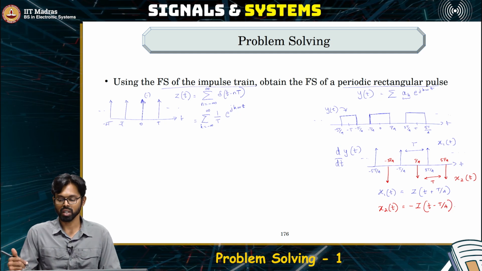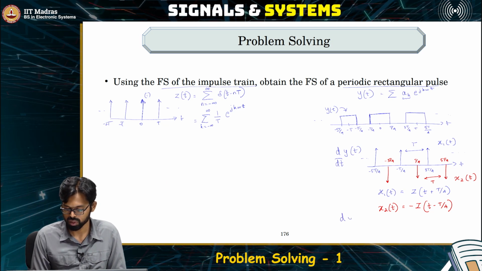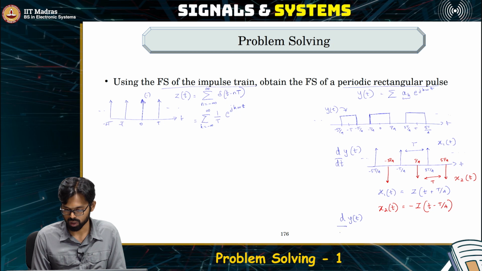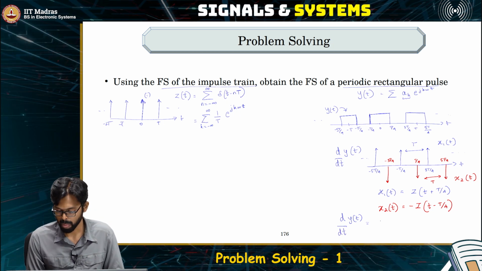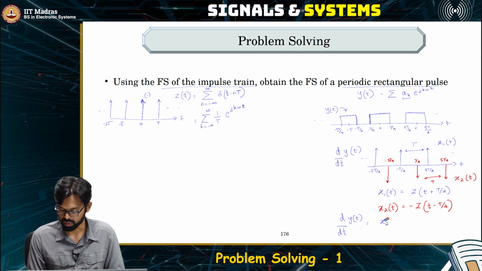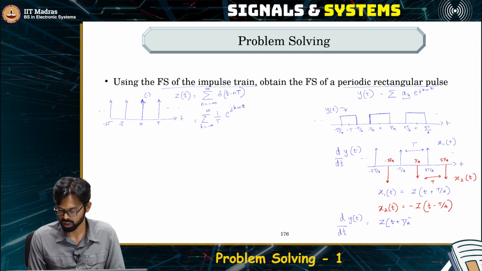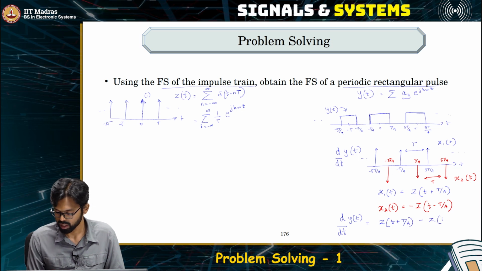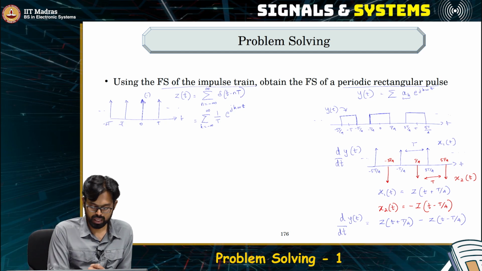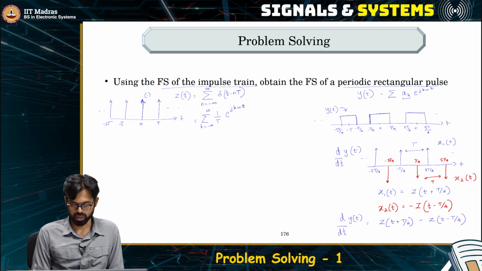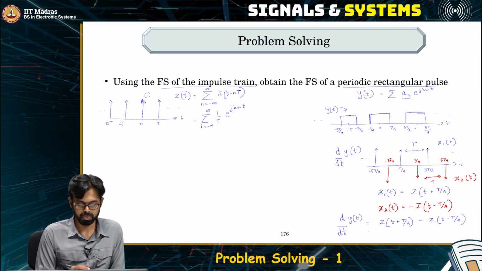So now what we have done here is we have expressed the derivative of the rectangular pulse in terms of the impulse train. So we have z of t plus T/4 minus z of t minus T/4. What is the Fourier series coefficient of some signal which is shifted by some time?